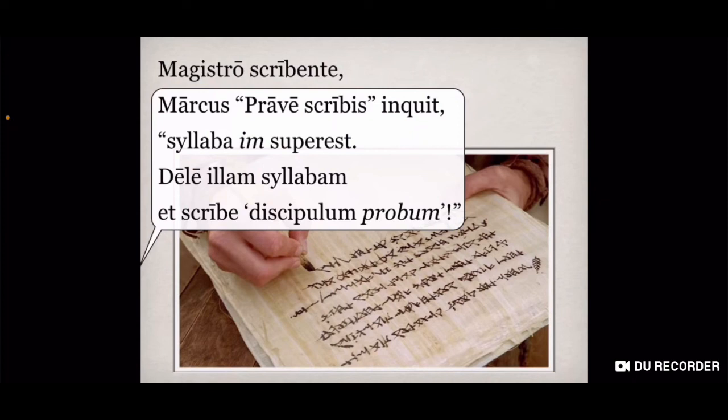The syllable im, you got too much im. It's a plurius. Delete that syllable and write discipulum probum, not improbum.